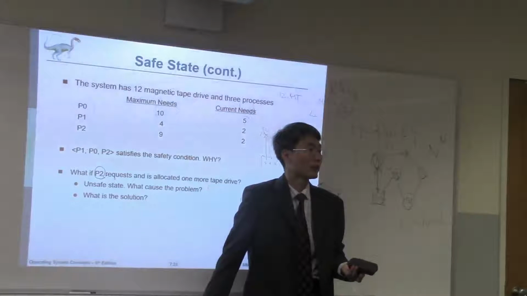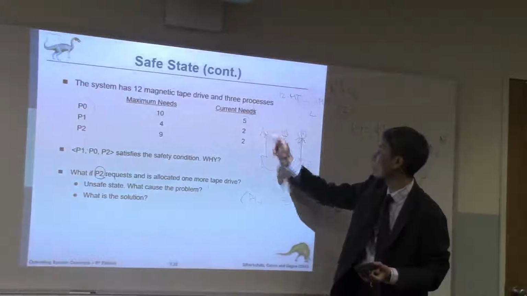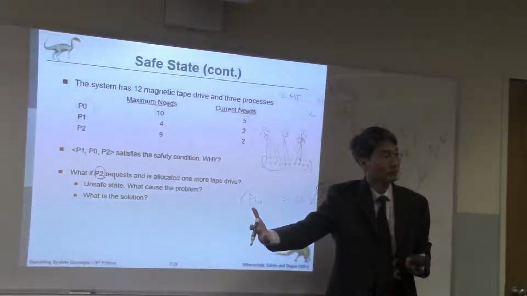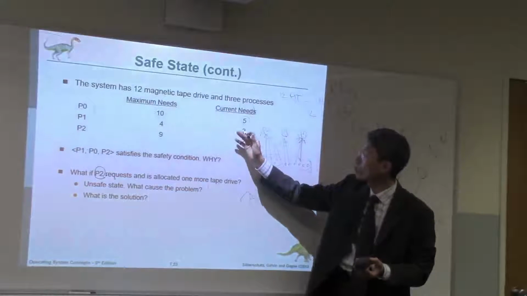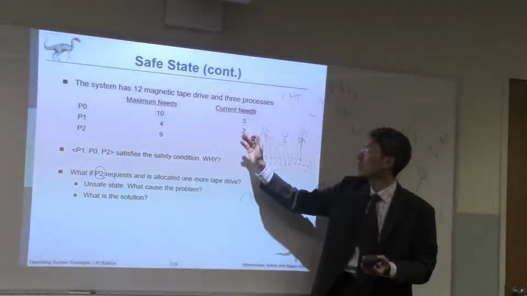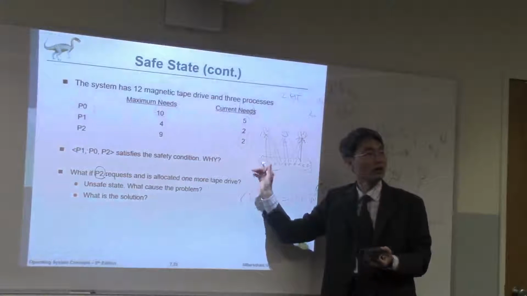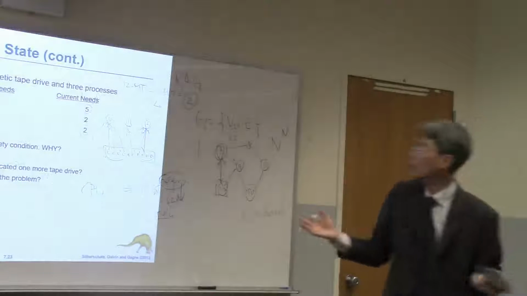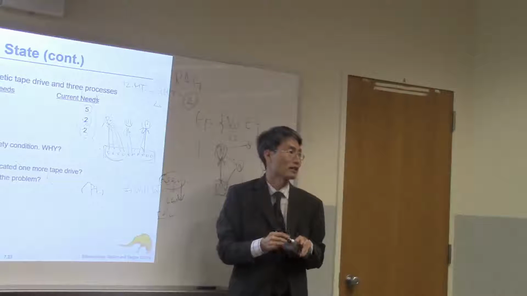Currently 5 of them are allocated, but it needs 5 more. P1 is currently holding 2 and waiting for 2 more. P2 is holding 2 and needs 7 more. So you cannot terminate them all at one time, right? Because you do not have enough resources. So we need to find the safe process list.